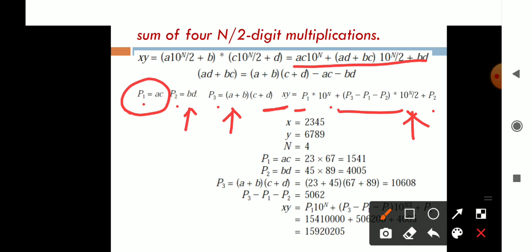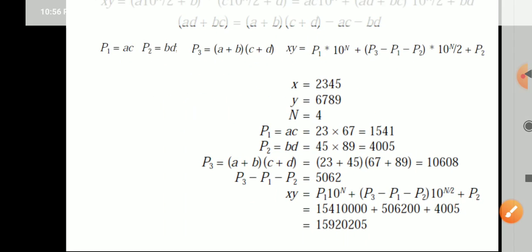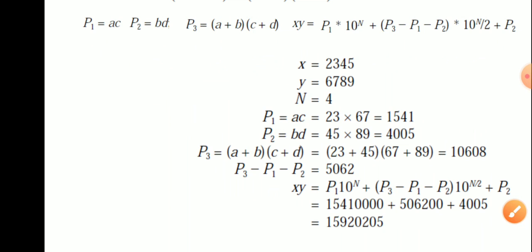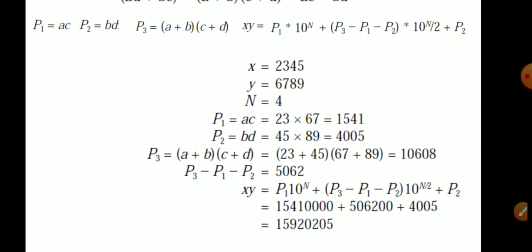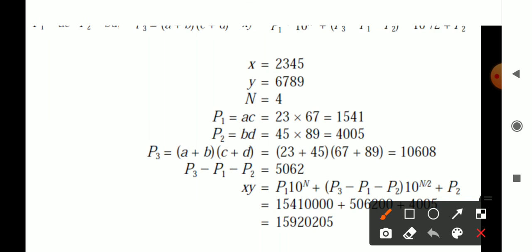Now let's see an example to explain this particular problem using this multiplication. Here two numbers are given: x is equal to 2345, y is equal to 6789, and n is equal to 4, because these two numbers are n digit, so each number has 4 digits.